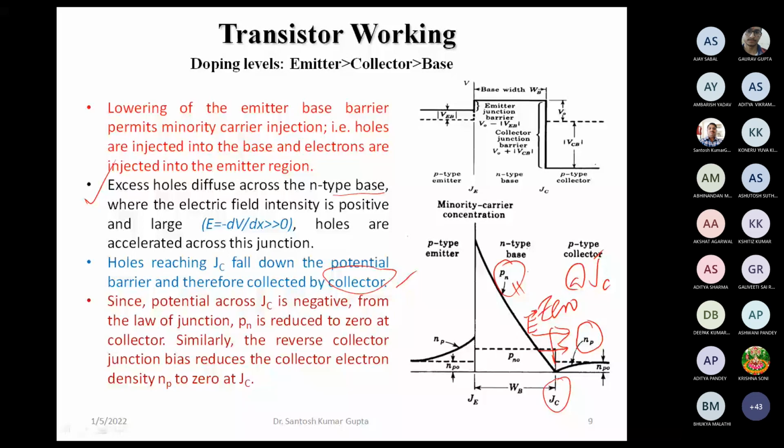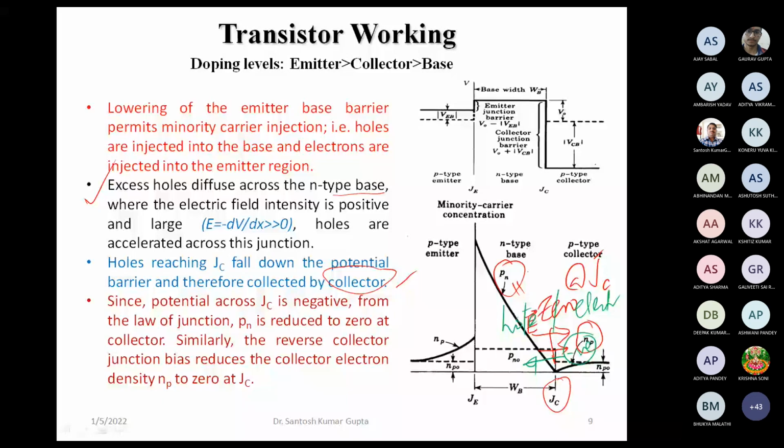So either the hole from the n-type base, or the electron from the p-type collector, both concentrations at the junction become zero.